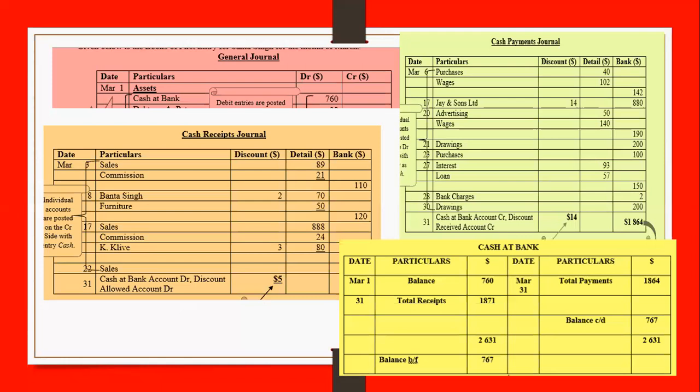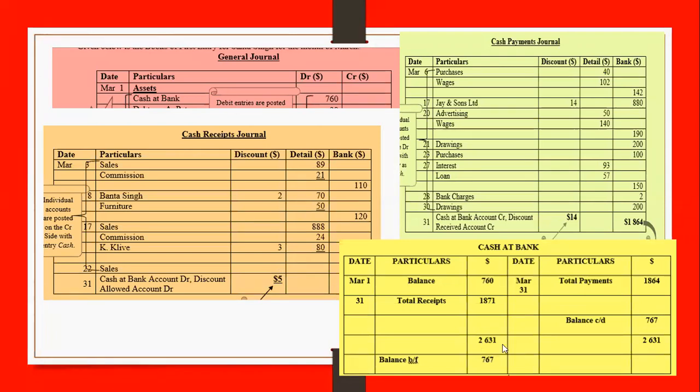Okay, so total debit is 2631 and total credit is 1864. Now you take out 2631, follow my cursor. 2631 becomes the total for both the debit side and the credit side.